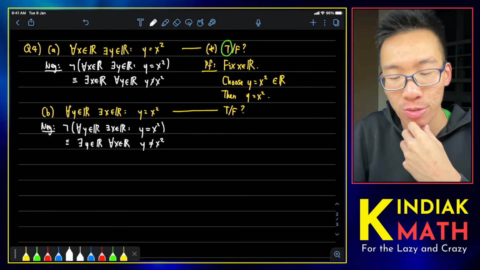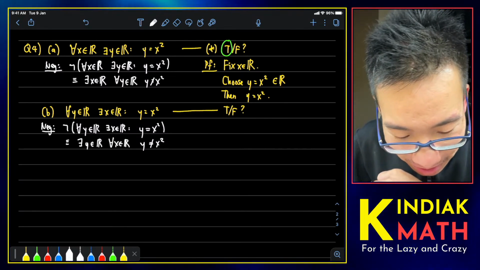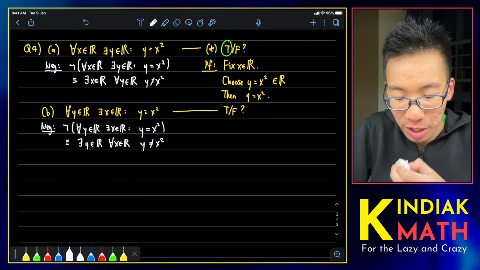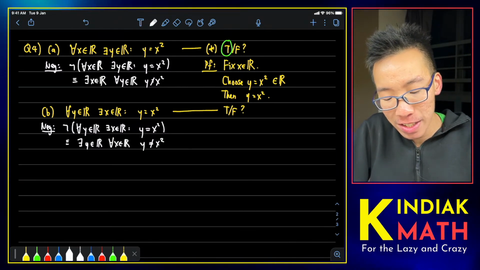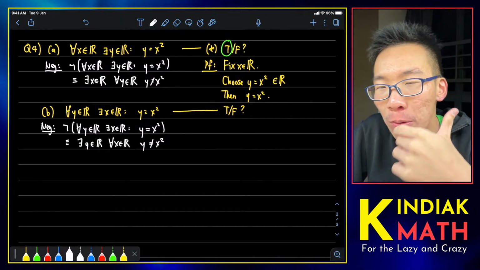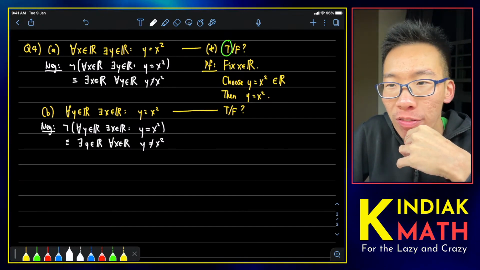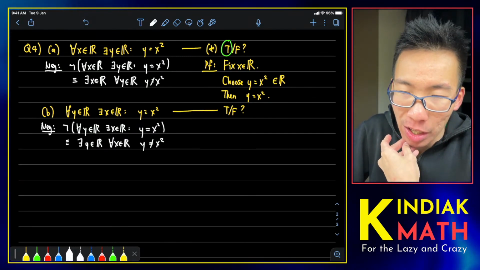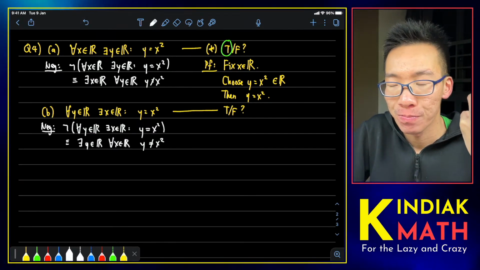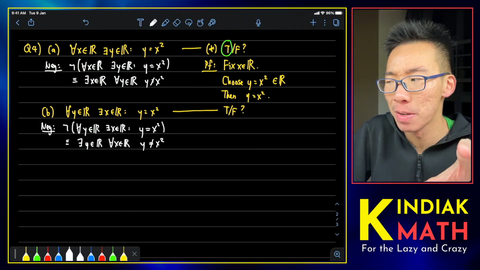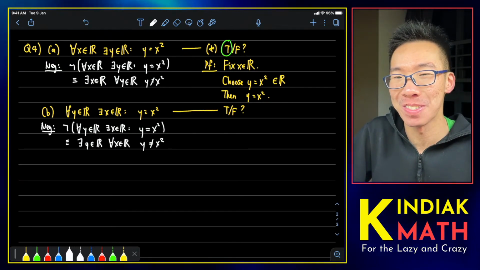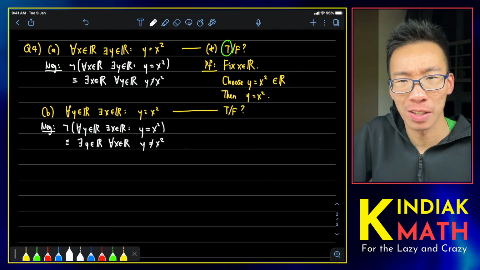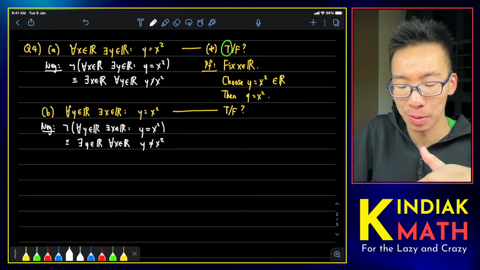Is the original statement true or false? It may be true, it may be false, we sort of need a proof, but the idea here is for any output y, can we find an input x such that y equals x squared? But what if the output is negative? Then, as far as real numbers are concerned, let's not go to complex numbers here, we can't square a real number to get a negative number.